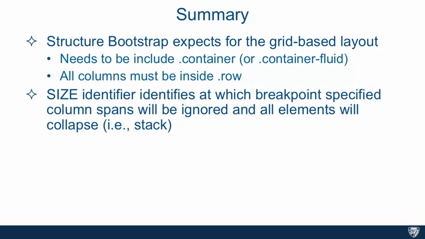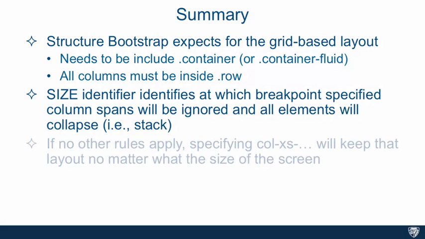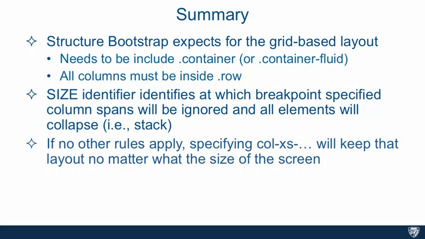We spoke about the Bootstrap grid system column classes and the fact that they have a size identifier that identifies at which breakpoint specified column spans will be ignored, and then all elements will collapse. In other words, the columns will start stacking one upon the other. And as part of our demo, we spoke about the fact that if no other rules apply, specifying column XS will keep that layout no matter what size of the screen.